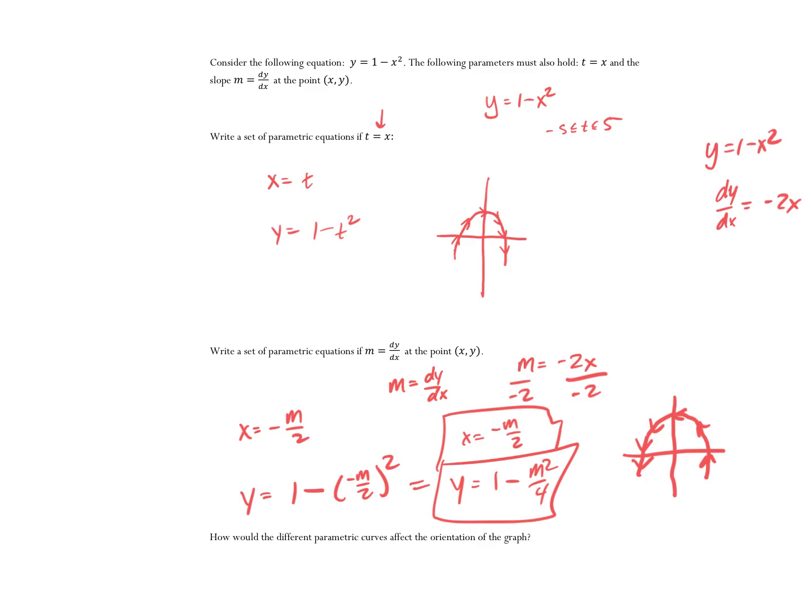So let's talk about this for a little bit. Why did the direction change? As my parameter increases, what's happening to x? Well, in this one, as t is increasing, x is increasing.